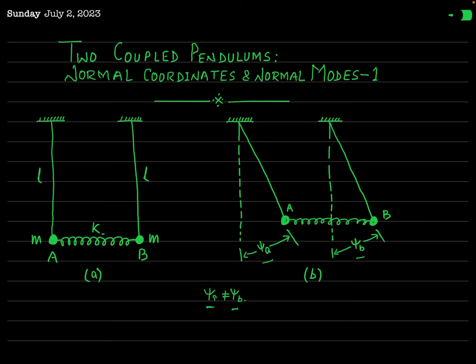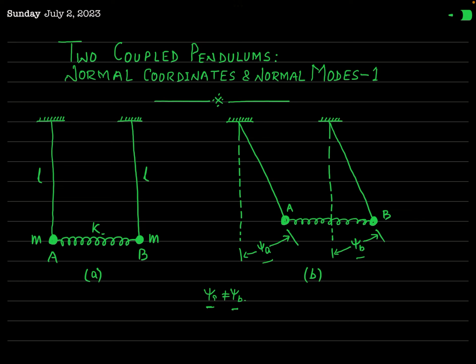In this lecture we are going to see 2 problems. In this first part we will simply discuss how to derive the equation of motion and what information we get from the equation of motion of this system.